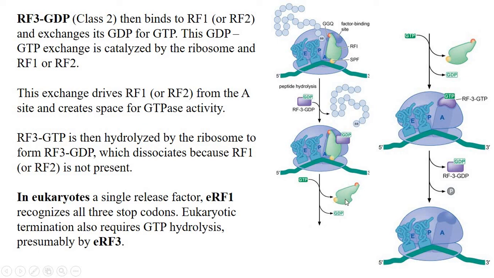So release factor 1 is removed as well. Now this RF3 GTP is just sitting there. This GTP is hydrolyzed to GDP, and then this releases itself from the A site because it is not bound to anything. Since release factor 1 has already dissociated and there's no release factor 1 to bind, this will dissociate as well.